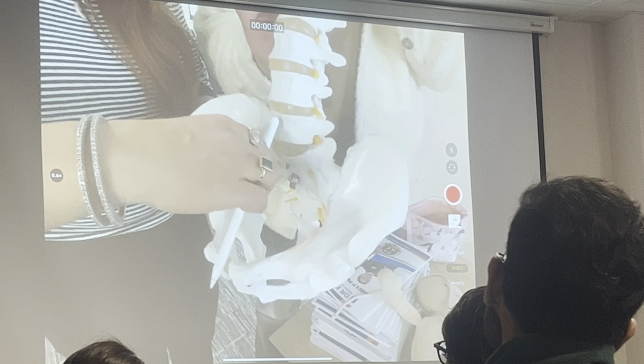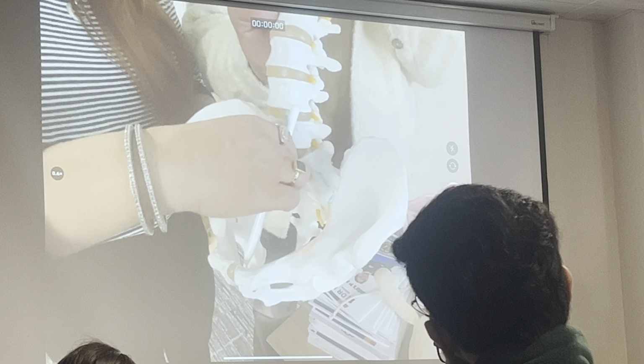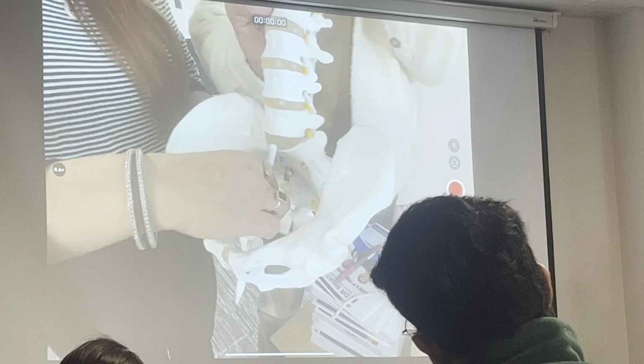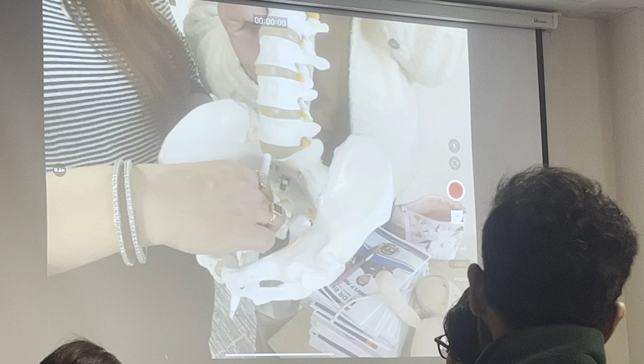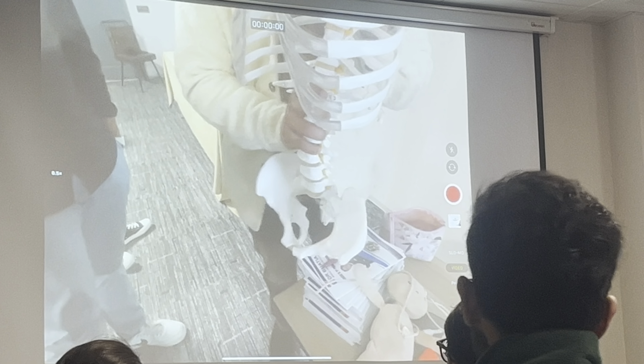One can say I am going to draw from upper border of pubic symphysis. Second one can say I am going to draw it from middle of pubic symphysis. Third one can say I am going to draw it from lower border of pubic symphysis. And all three are correct.